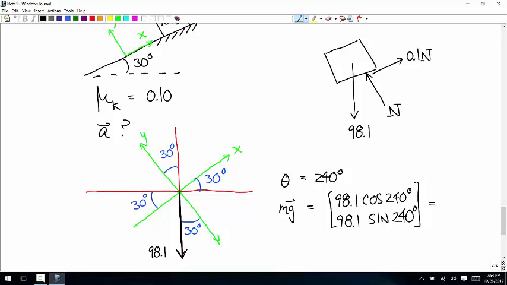The one for cosine is positive 49.05. Can someone calculate 98.1 times sine of 240? What is it? Negative 84.96.